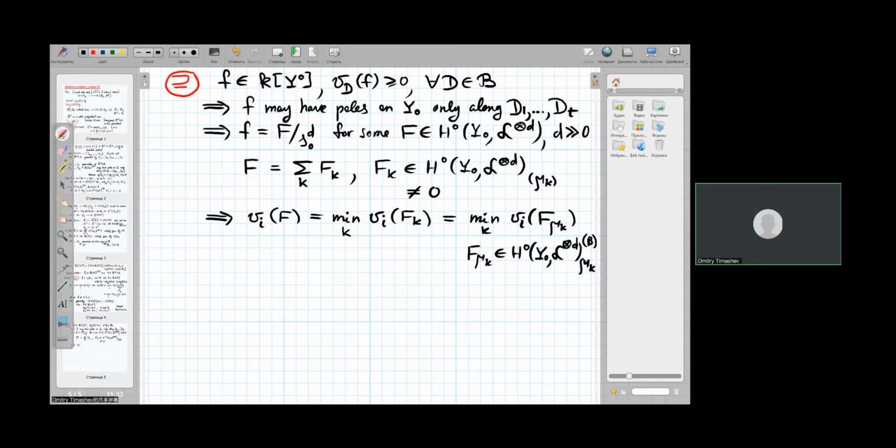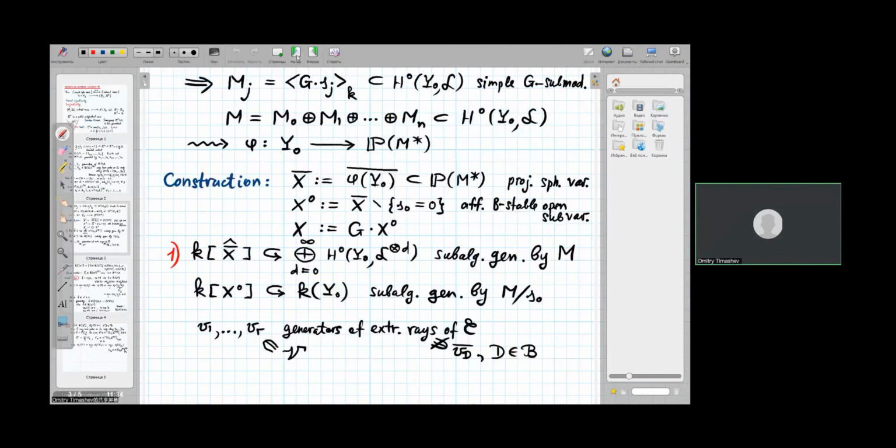Professor, the extension of VI only happens on the subalgebra generated by M. How can it? Well, you can extend. I said that you can extend even to this algebra, to this one. It is no problem to extend to any bigger field. So we can extend to this field, but we also can extend to the fraction field of this algebra.